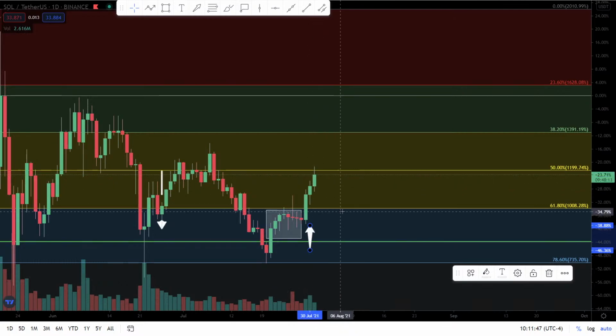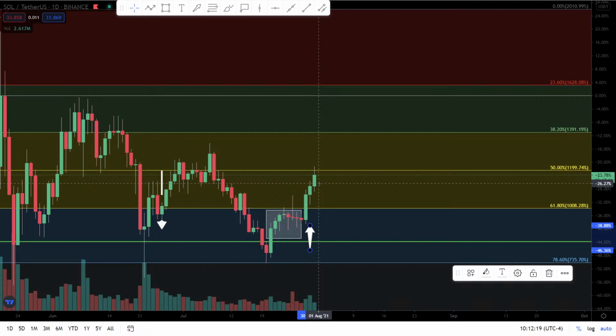Now price action is hanging between 61.8 and 50%. The guarantee once you break one level is that you will run to the next level, but there's no guarantee that we're going to break beyond it. So are we going to break above the 50%? That's the issue. By the time you hit any resistance, it's always safer to exit your trade.